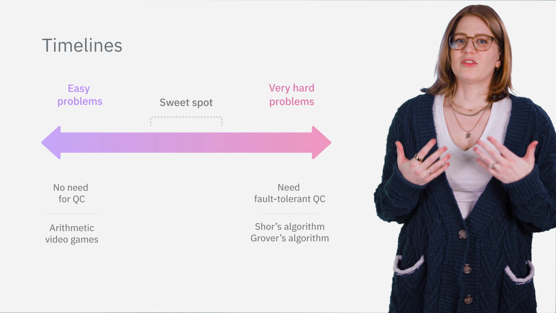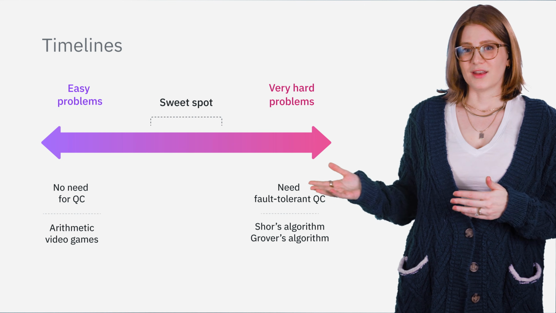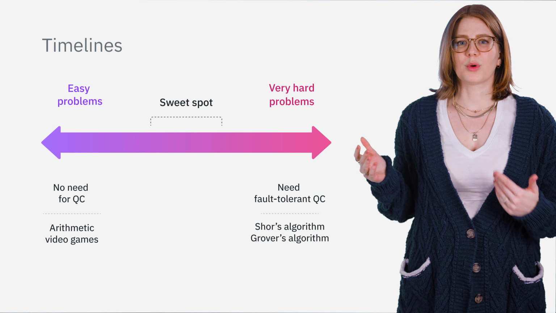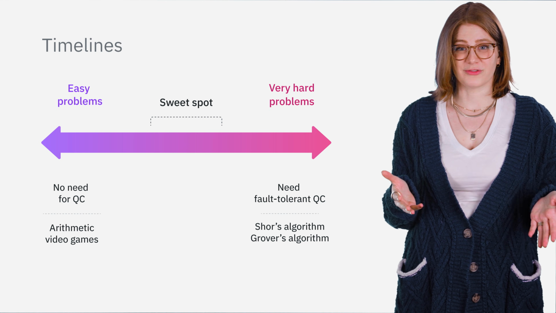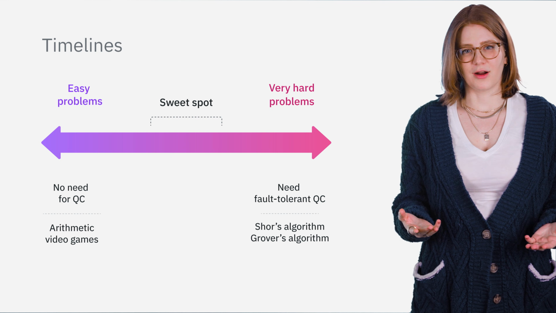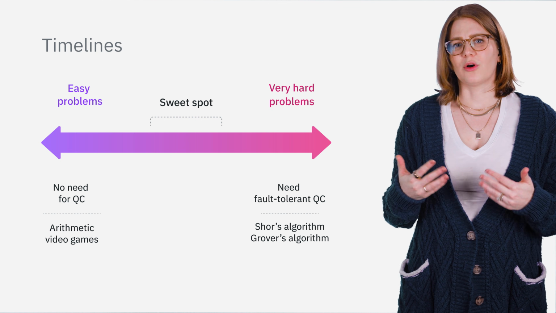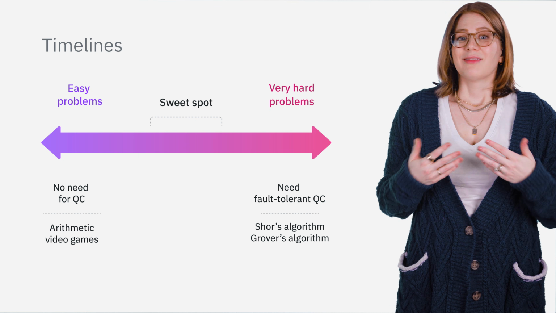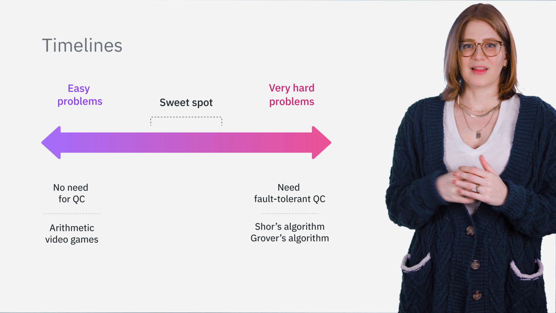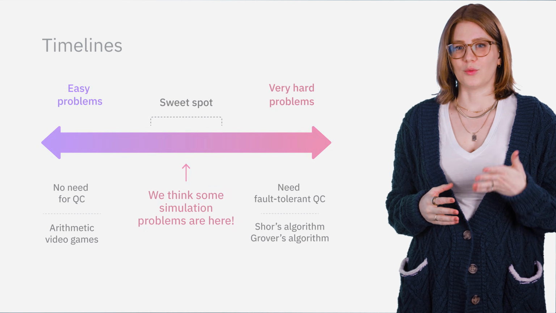Now, recall this timeline graphic I showed in a previous episode. At one end, we had problems that were easy to solve and will not require any sort of speed-up quantum could offer. But at the other end, we have problems that are very hard and need fault-tolerant quantum machines, which we don't yet have. Luckily, we believe that there are quite a few simulation problems that lie here in the middle, which is the region that we can currently work in.